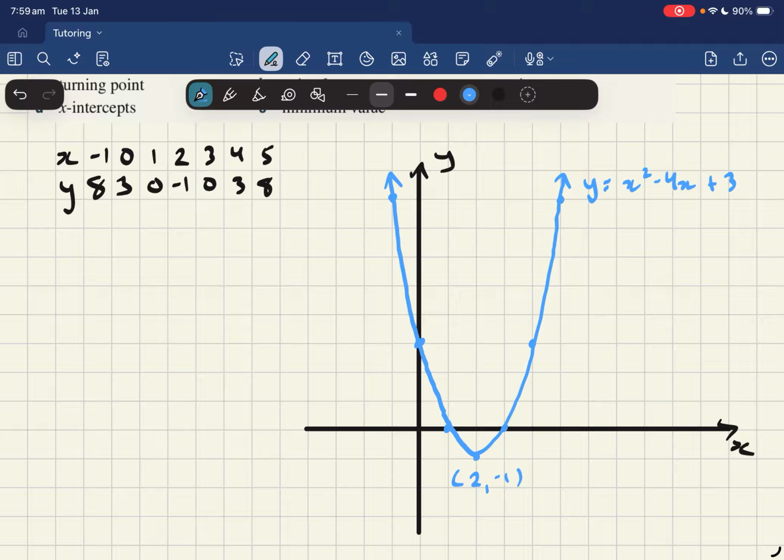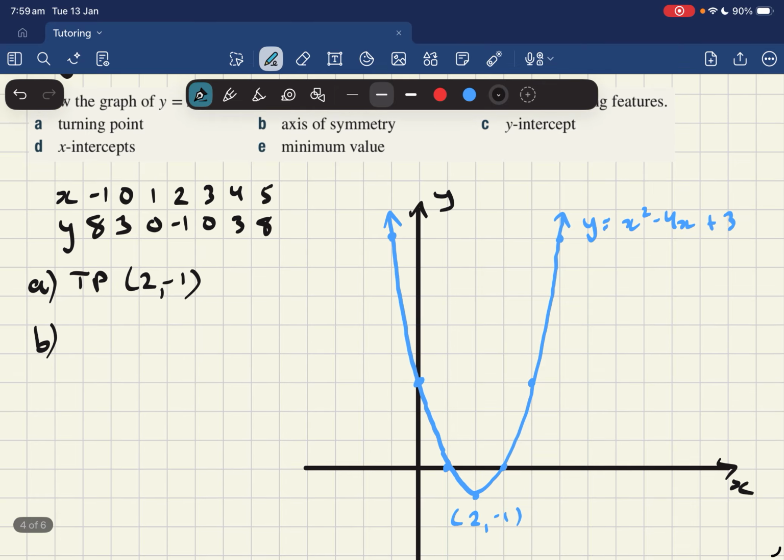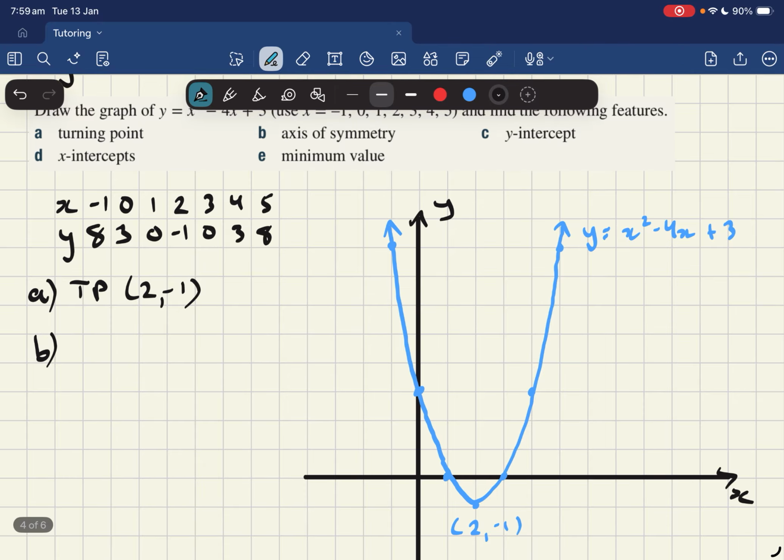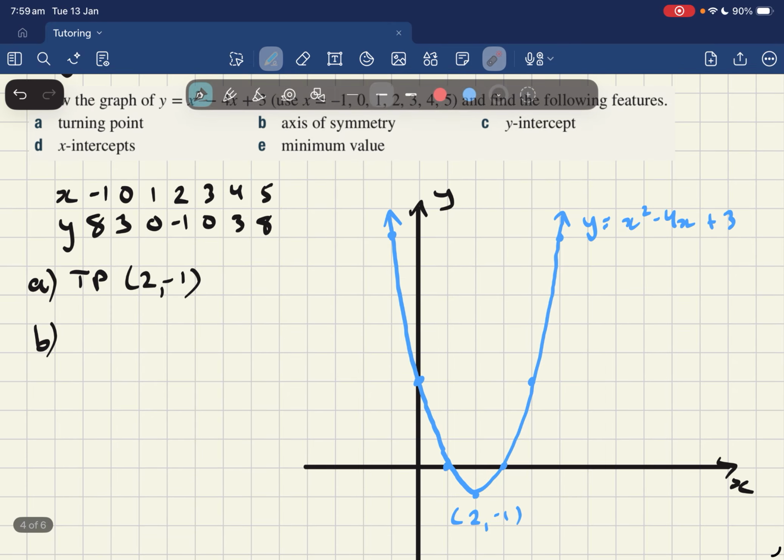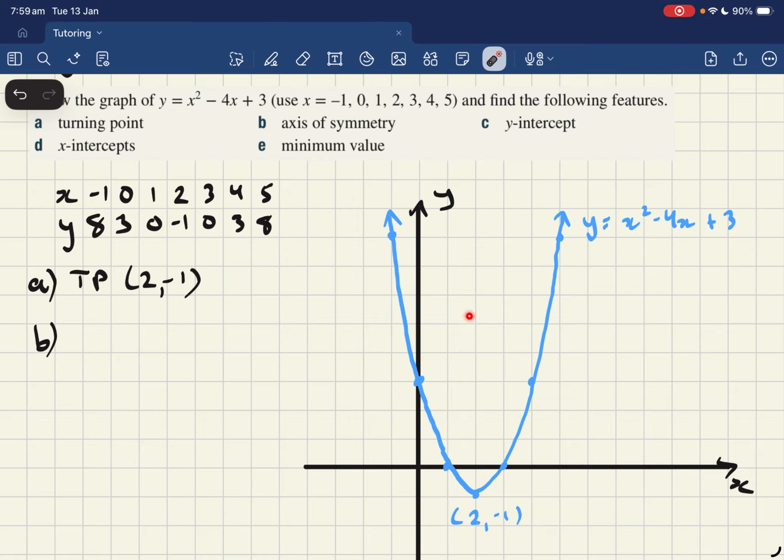So our answer to A, our turning point, is 2, -1. Now, our axis of symmetry lines up with the turning point. Our turning point actually lies on the axis of symmetry. And that makes sense, right? Because the graph has to go down, and where it turns, that's where it starts to get reflected.